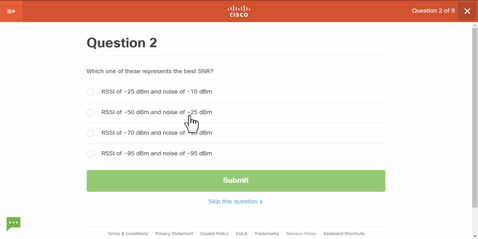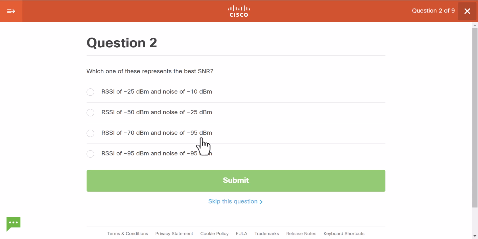Minus 50 minus minus 25 will be minus 25 as a result, still quite low as well. Minus 70 dBm minus minus 95, we will get plus 25 dBm of SNR, which is okay already.